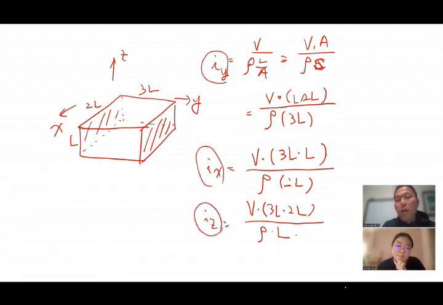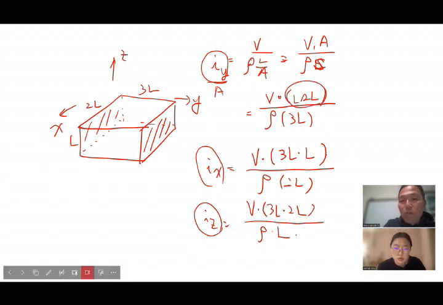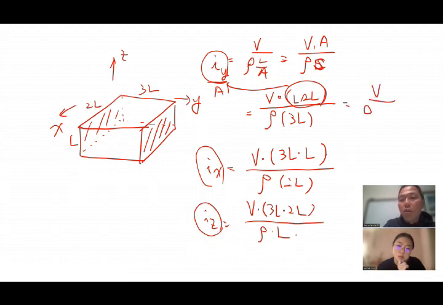But if you want to compare the current density along the three different directions, then you have to divide by the cross-sectional area, which means you move it to the denominator underneath the current. So that should be V over rho 3L, which is 1 over 3 V over rho L.